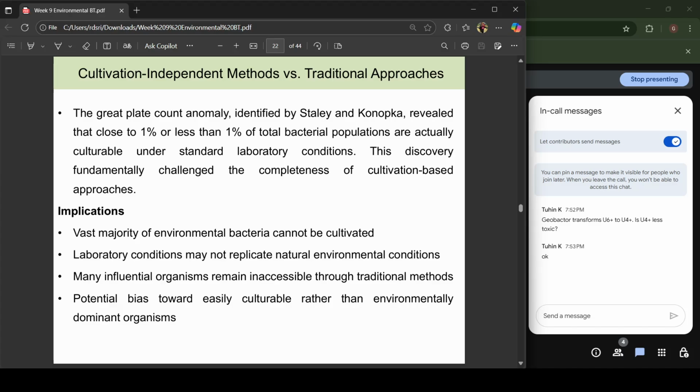So when we go for studies based on culturing microorganisms, we are almost leaving out 99% of the organisms present, and we are studying only 1% of the bacteria that is present in the sample. This means we are leaving out most of the organisms, and we are not having a complete picture of the ecosystem.